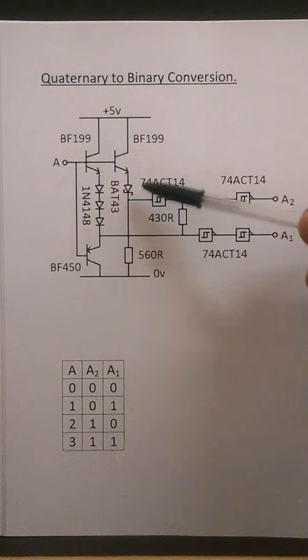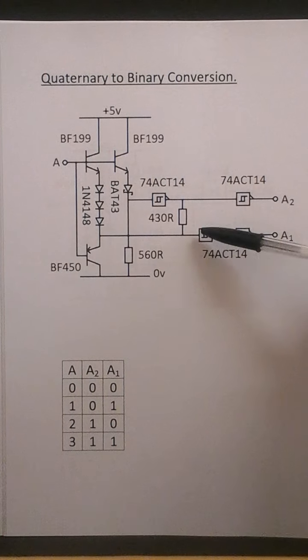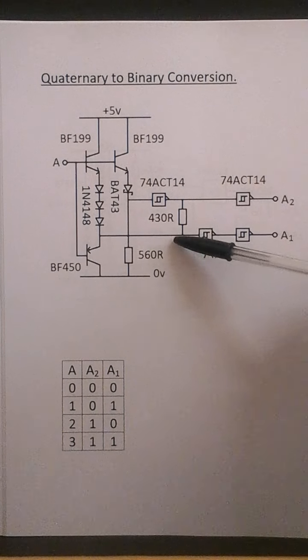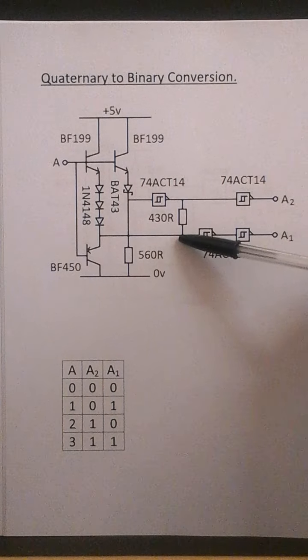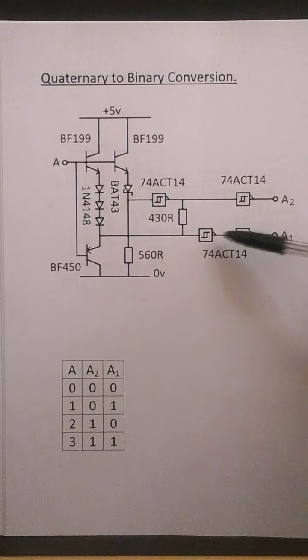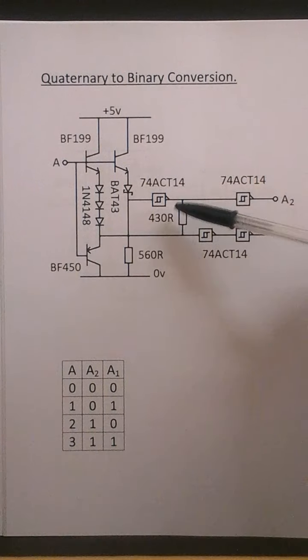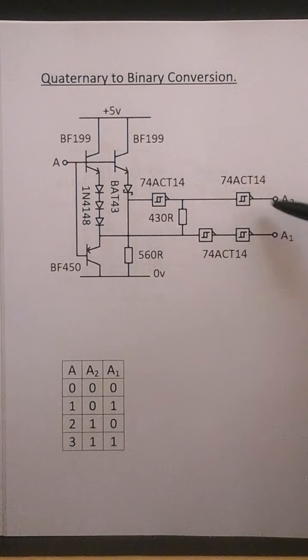That's a 0, that's a 1, and that will be a binary logic 0. So that A1 is a 0, and that is a 0 also.